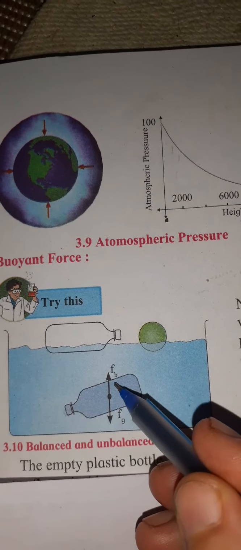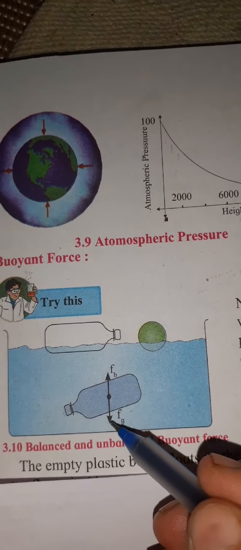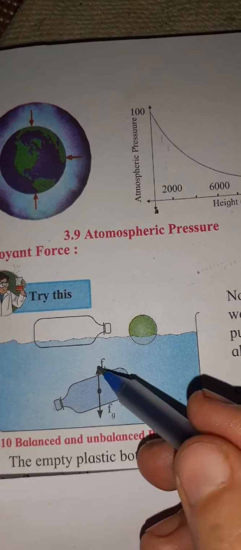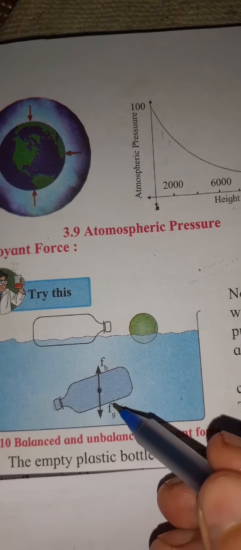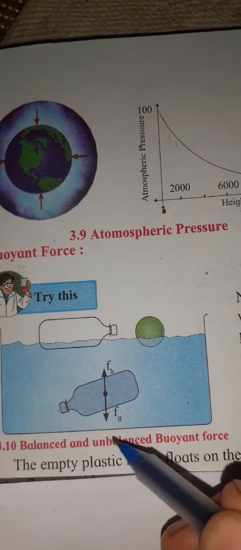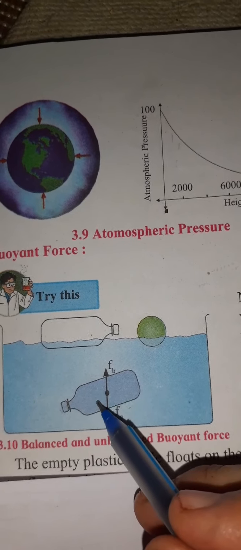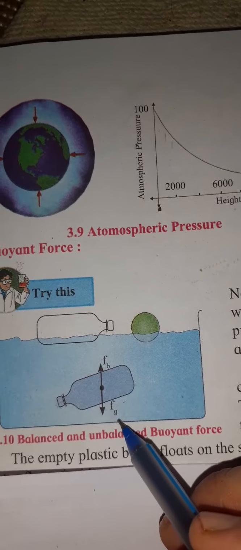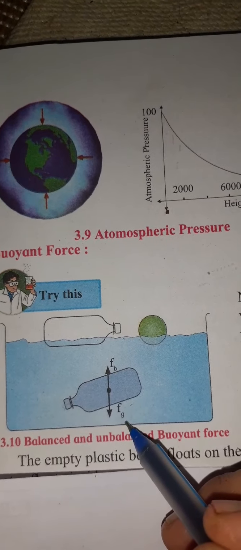That means however strong the gravitational force is, that much stronger is the buoyant force. When they become equal, that object will neither go to the surface, nor sink down to the bottom.